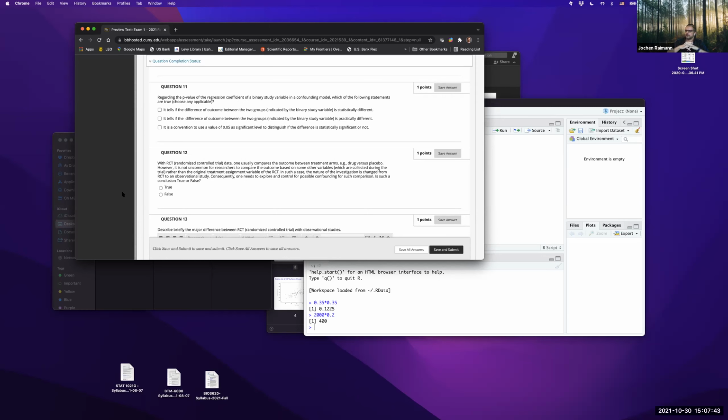In such a case, the nature of the investigation is changed from an RCT to an observational study. Consequently, one needs to explore and control for possible confounding for such comparison. Is such a conclusion true or false? What would you think? What's the thought process you had? I put true.